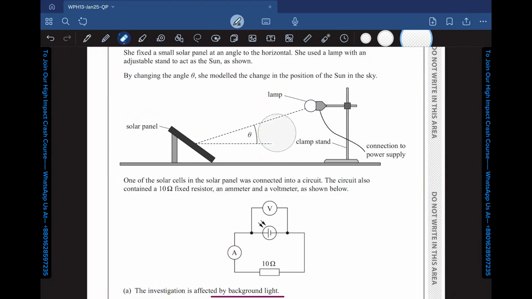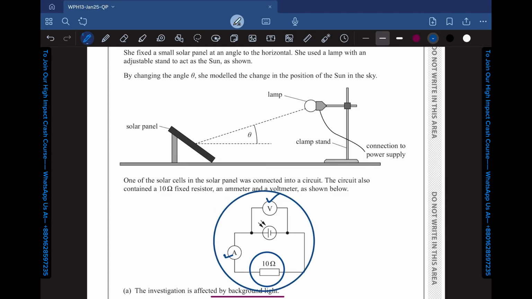And another thing that should be maintained is this voltage, this ampere, and this resistor. Basically, the power supply of the circuit, or we can say the power of the power supply. The power of the power supply should be the same.